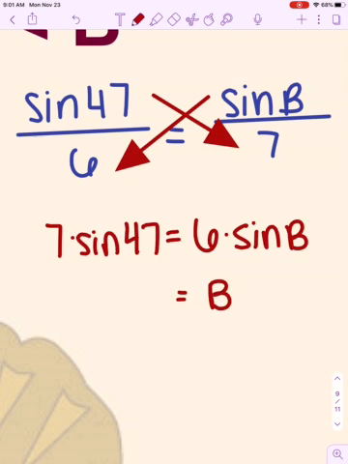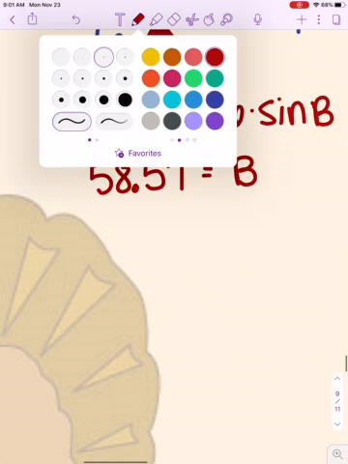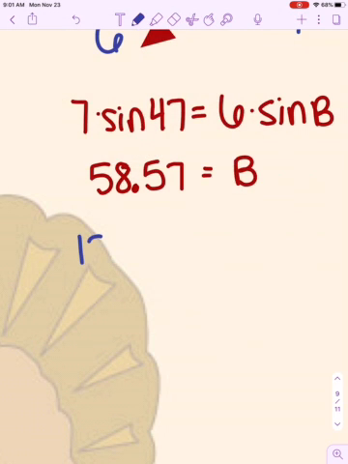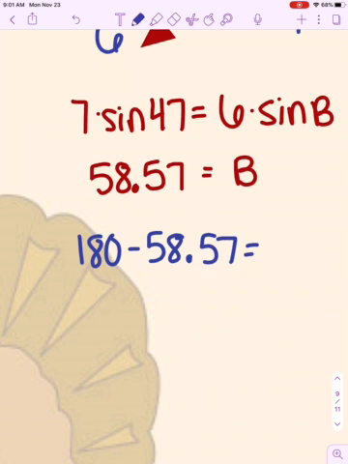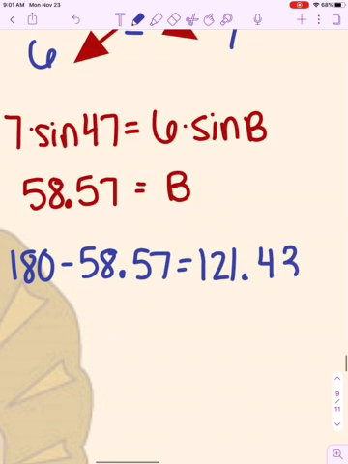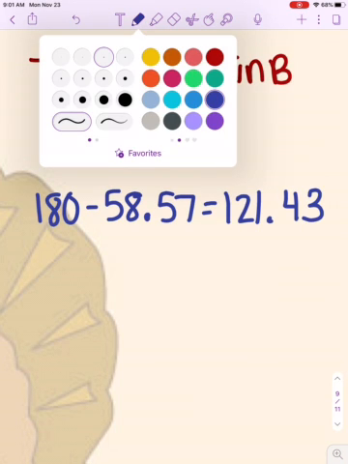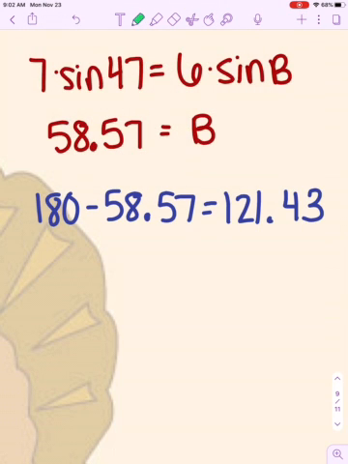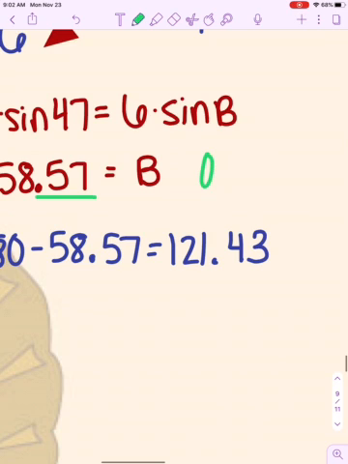And we round that to 2 decimal places. So that's 58.57. We have 2 possible triangles, so we need to subtract that one from 180. So 180 minus 58.57 is 121.43.